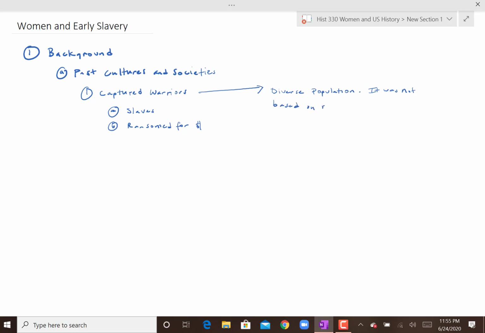And so you would end up having societies that had slaves from a variety of different groups of people, ethnicities, cultures, societies, because as they fought them, those soldiers who lost and didn't die became slaves. There were occasional circumstances where that wasn't the case, but that was the most common.